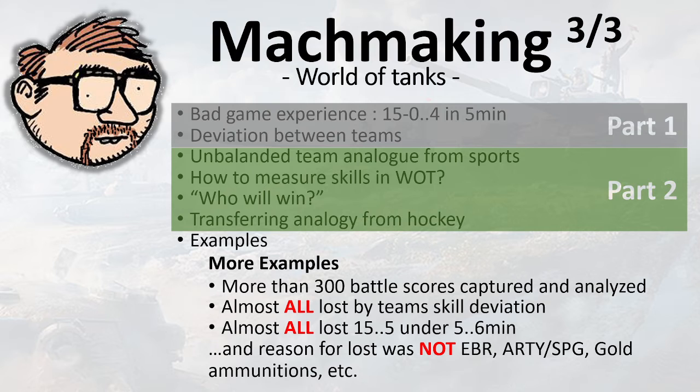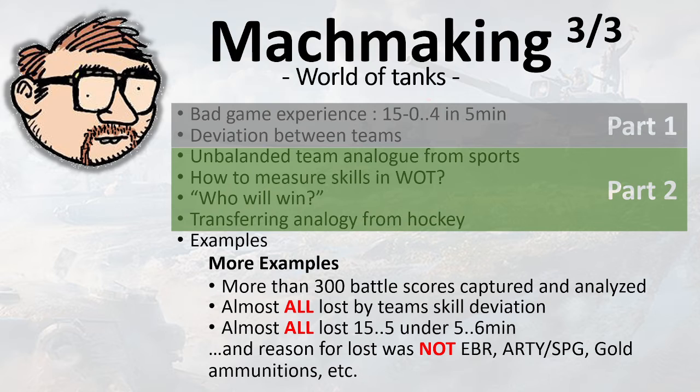When we are talking about arties, it's just a joke to put artillery into this bad game experience. It had nothing to do with it. Like I said earlier, if the battle lasts only 3 minutes on top tier 10, arties have a chance to fire their guns about 2 or 3 times, so they don't change the course of these battles.